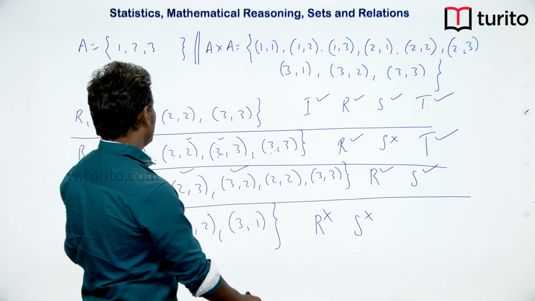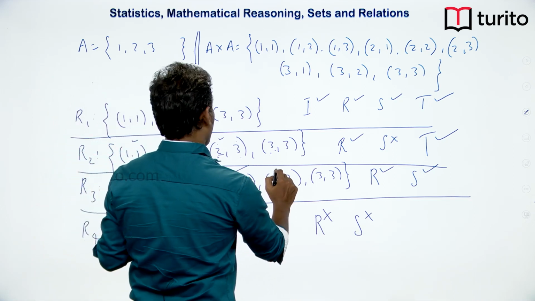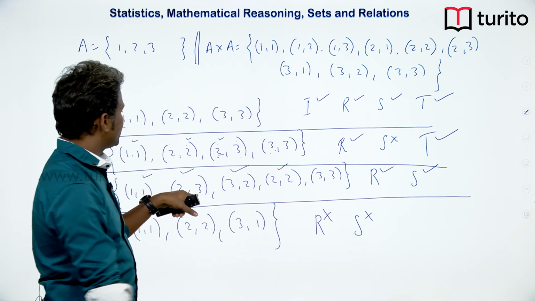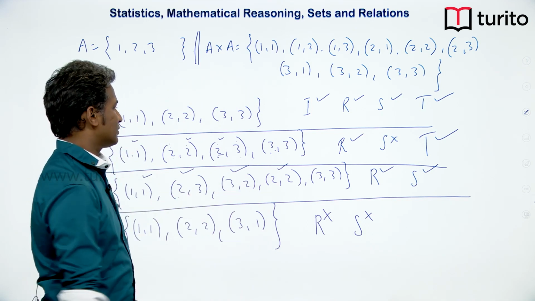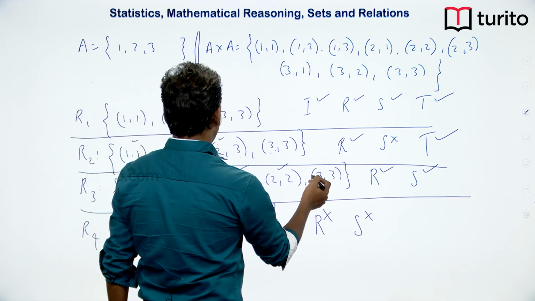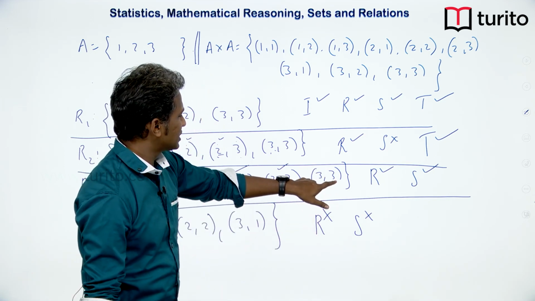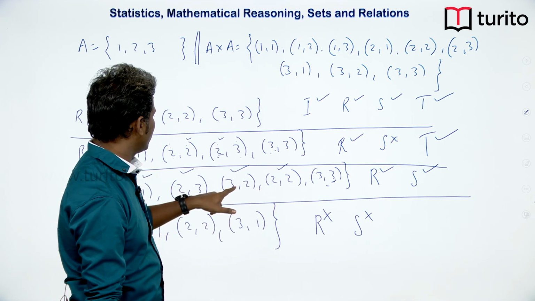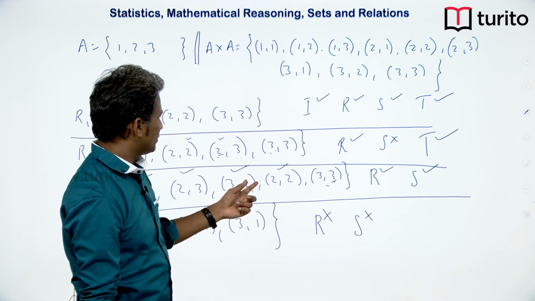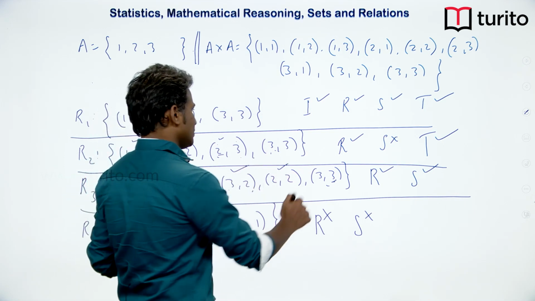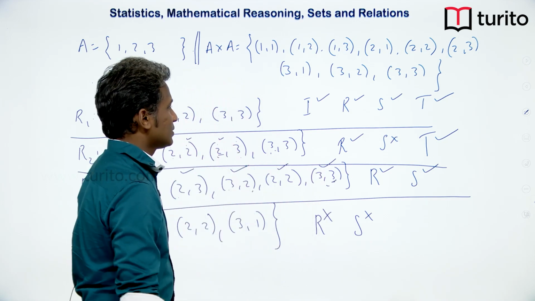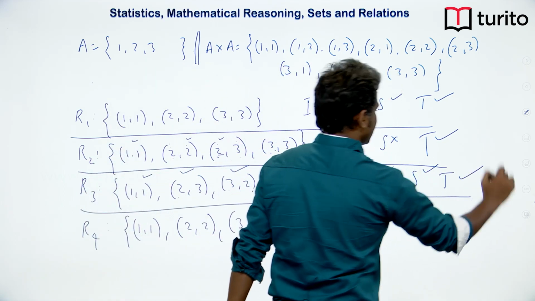Similarly, 2 comma 2 is also satisfying. 2 comma 2, 2 comma 3, so 2 comma 3 must be present, so this is also fine, and 3 comma 3 is one element. Now, starting with the second 3, we have 3 comma 2. So, AC will be 3 comma 2. So, this is also satisfying. So, luckily this is also transitive.